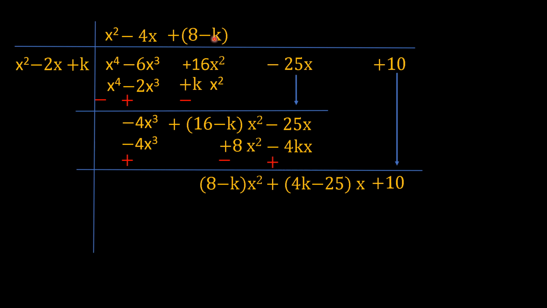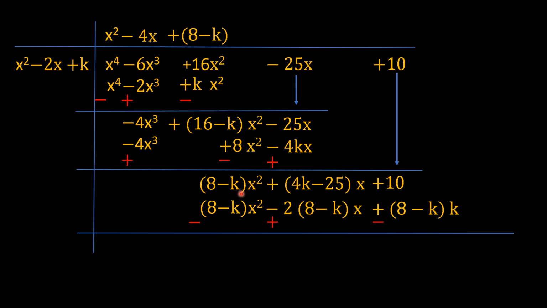So 8 minus k multiplied by x squared will be (8 minus k)x squared, which we write below this. 8 minus k multiplied by minus 2x will be minus 2 times (8 minus k)x, and 8 minus k multiplied by k will be (8 minus k) times k. After this we will change the signs. This plus will become minus, this minus will become plus, this plus will become minus.